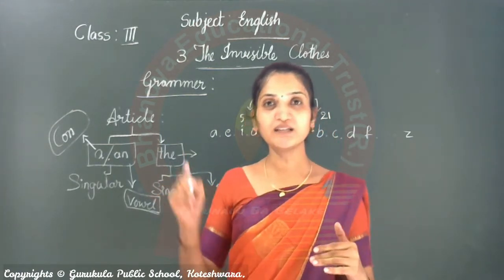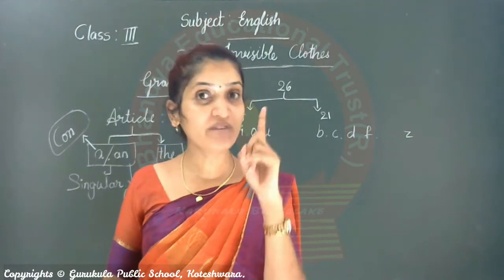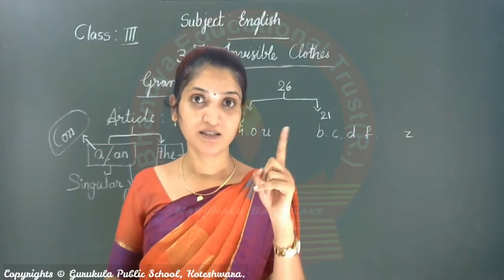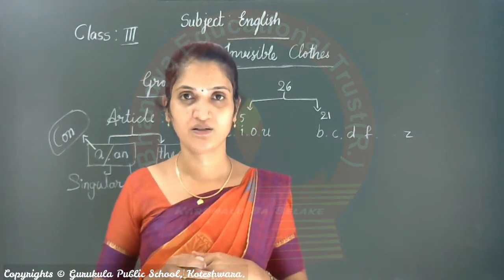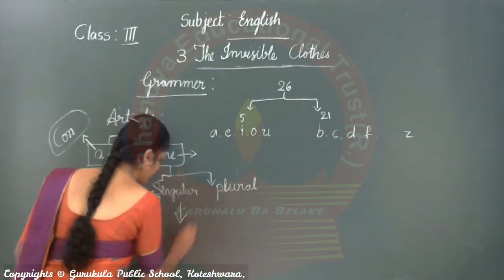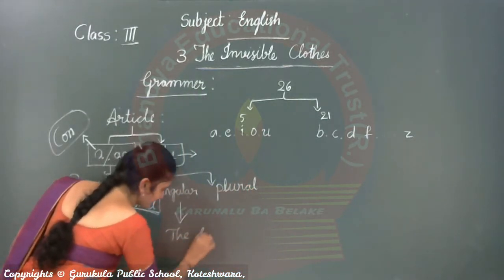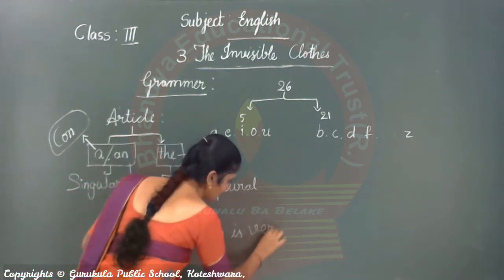We are using the for a specific person or unique things. Unique things, like the sun. The sun, only one, right? The sun is very hot.